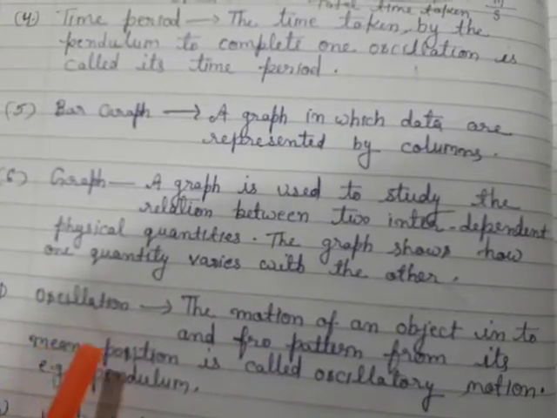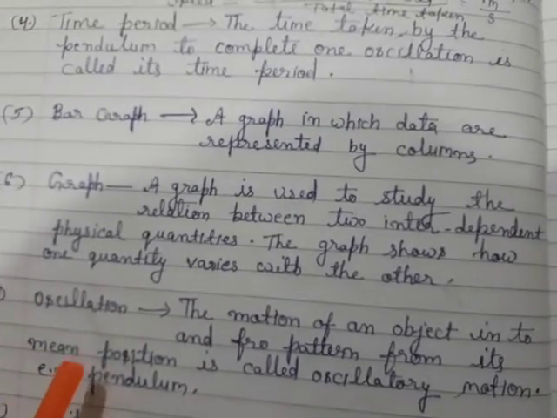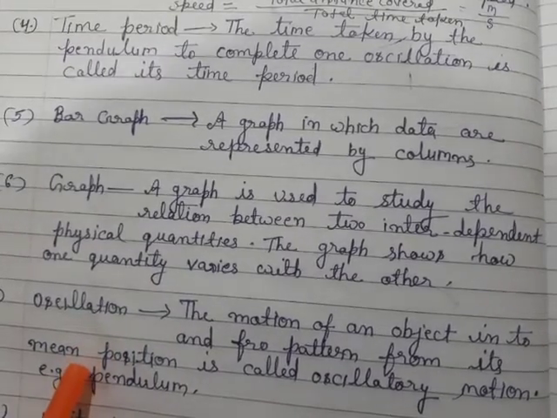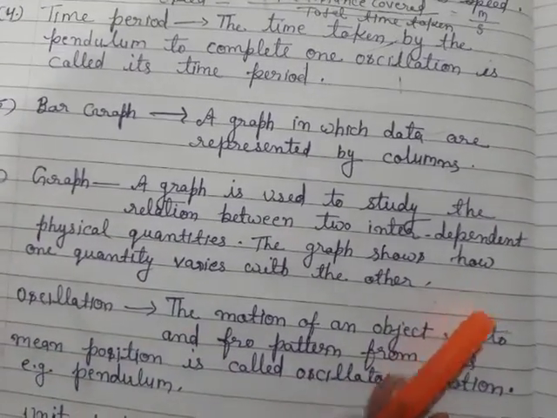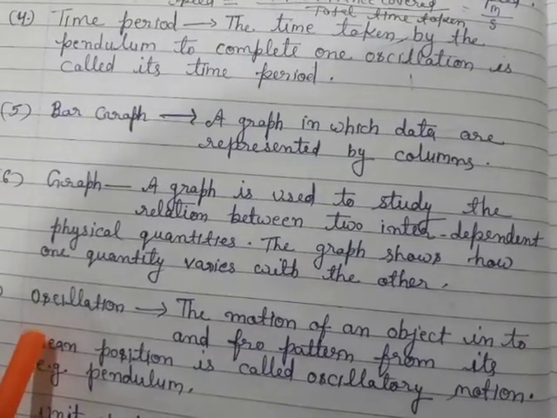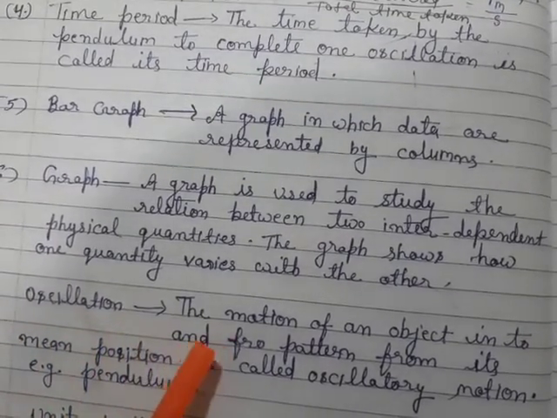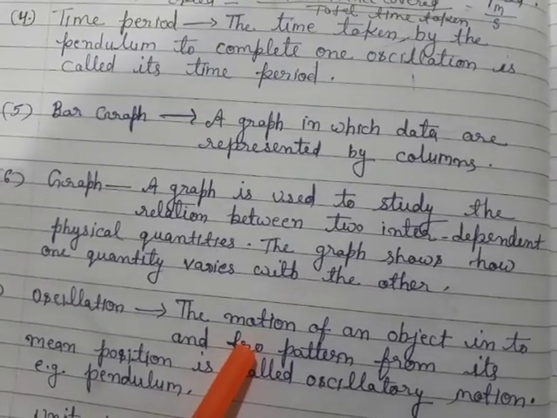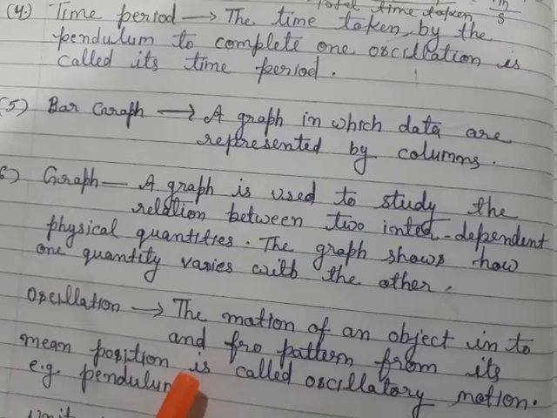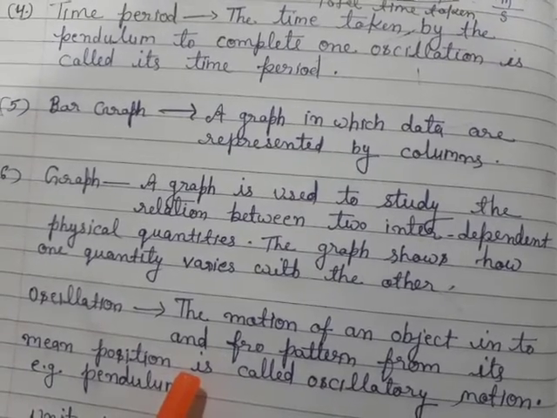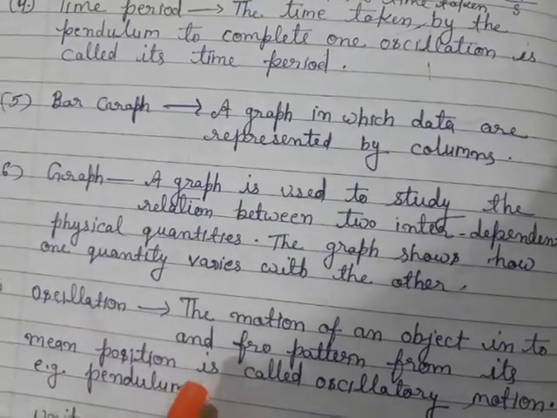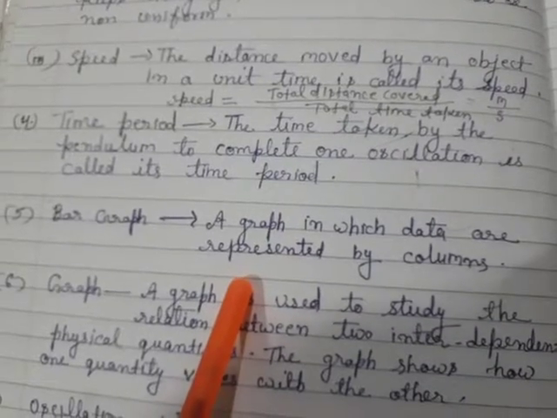What is a graph? A graph is used to study the relation between two interdependent physical quantities. The graph shows how one quantity varies with another. Newspapers, magazines, etc. present information in various forms of graphs to make it interesting. What is a bar graph?